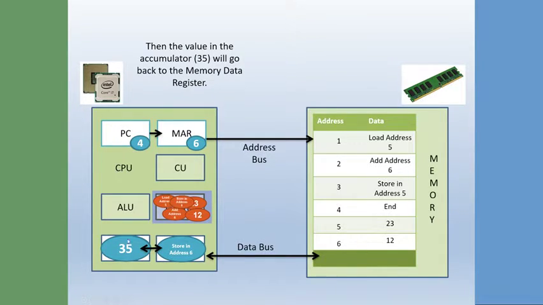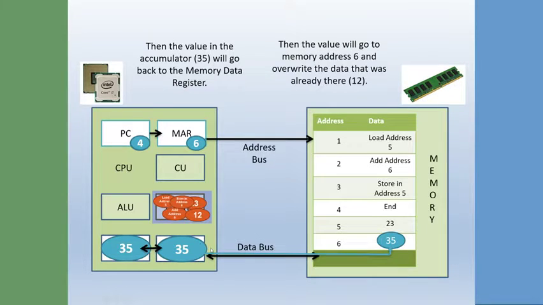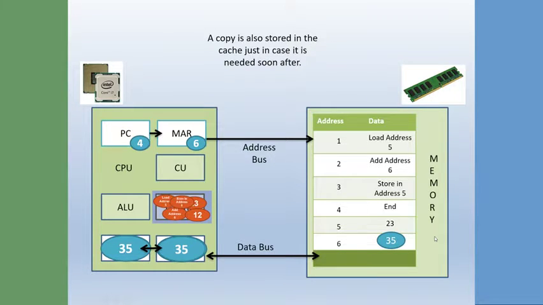So the value of the accumulator, which is currently 35, will go back to the memory data register, and it will then send it back to memory and store it in address location number 6, overwriting whatever data happened to be there previously. It also takes a copy and sticks it into the cache, just in case.